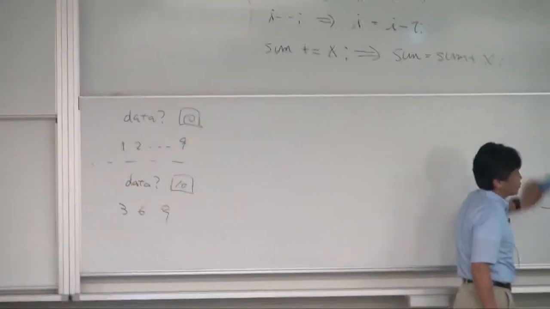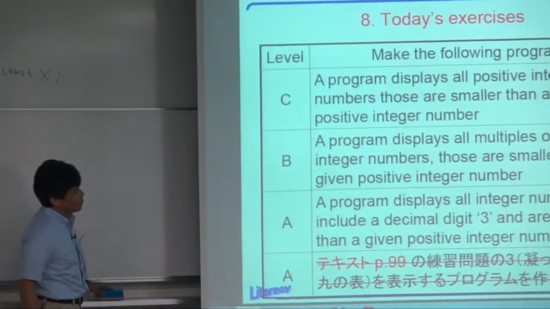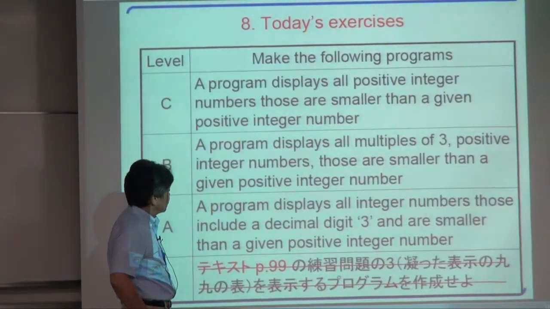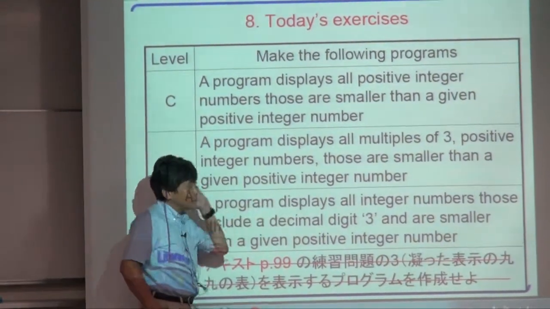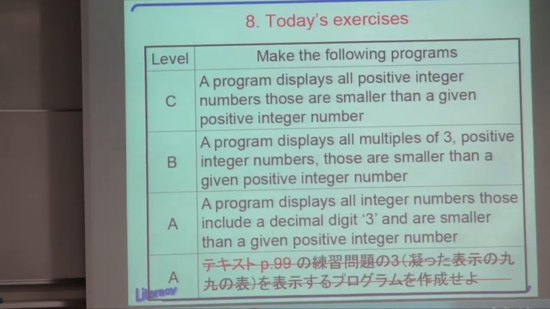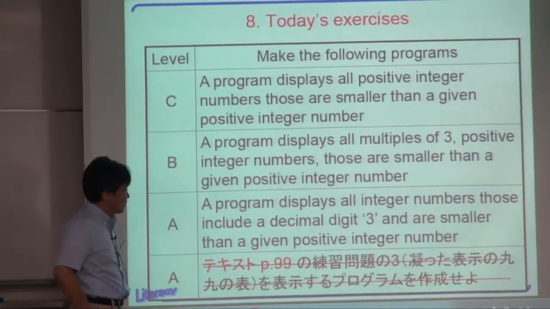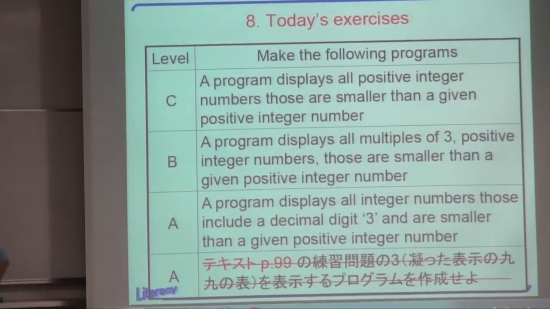However, the third program is more difficult. This program displays all integer numbers that include the decimal digit 3 and are smaller than a given positive integer number.